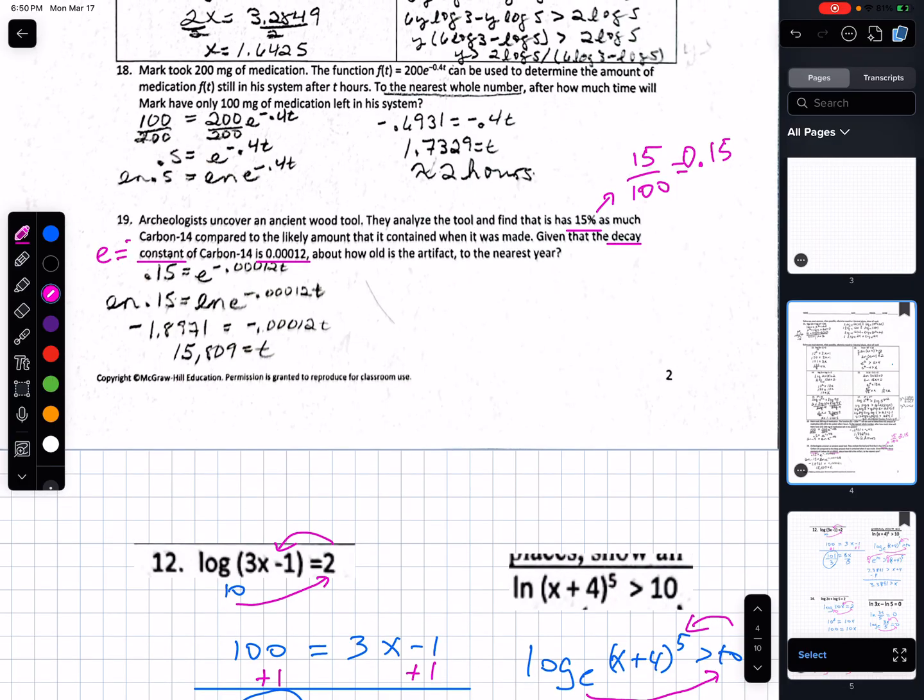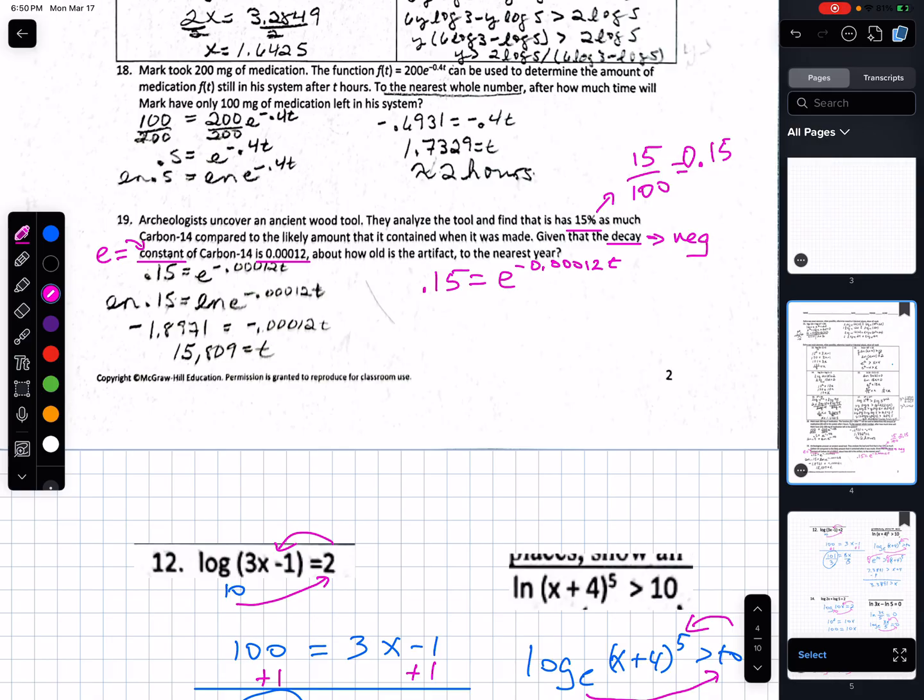So I'd write e equals and draw an arrow to constant like that. Decay means it's going to be negative. So I'd write negative for decay. So 0.15 equals e to the negative 0.00012t.